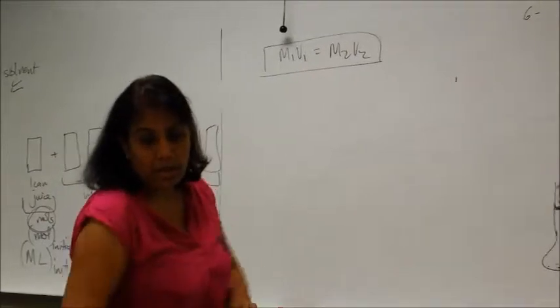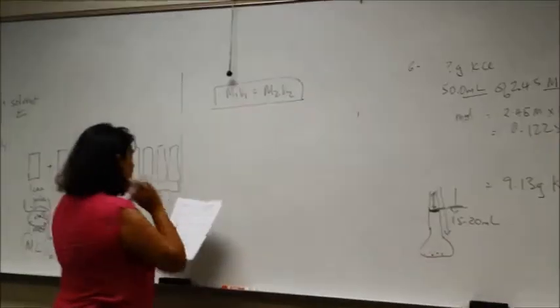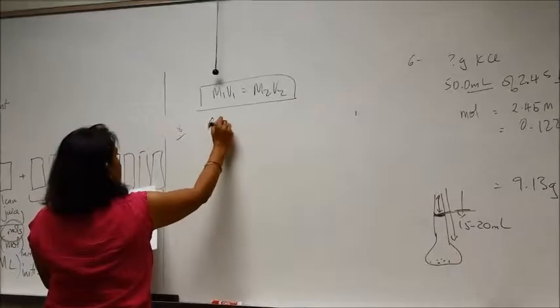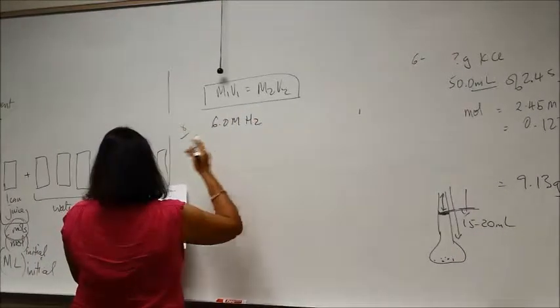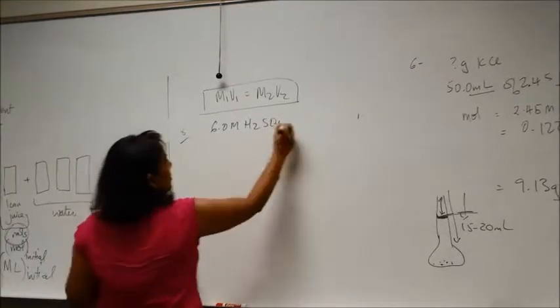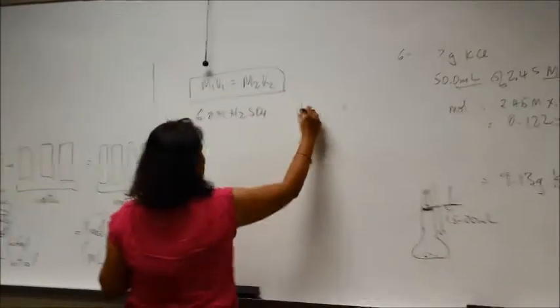So question number 8 in your problem set here: what volume of 6.0 molar sulfuric acid is needed? So we know the molarity, and the question is asking for volume.